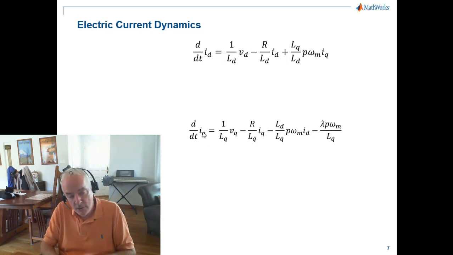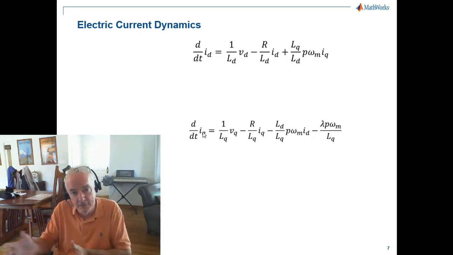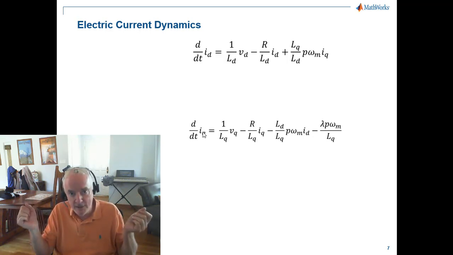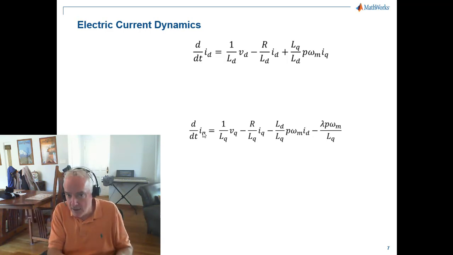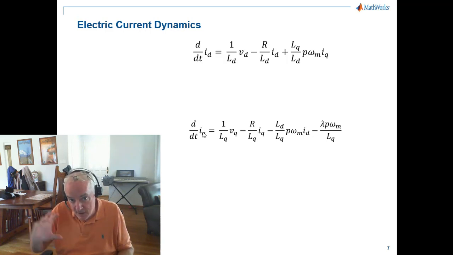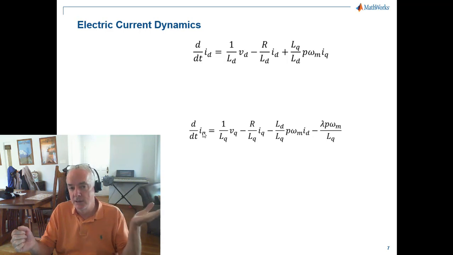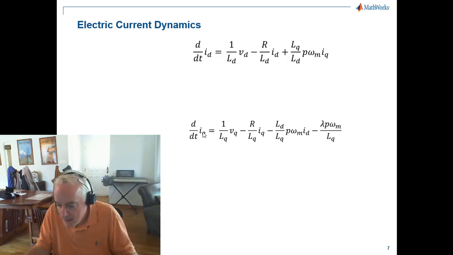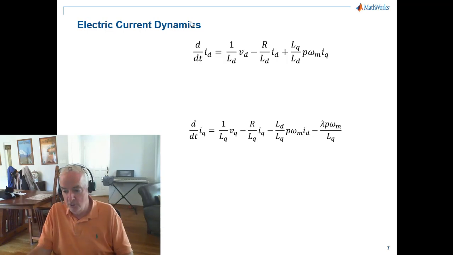And we know that we want the quadrature current to reflect the torque that's going to make the system move the way we need it to move. Just knowing how we want it to move and what that mechanical load is, we understand a relationship between commanded motion and the quadrature current, right?